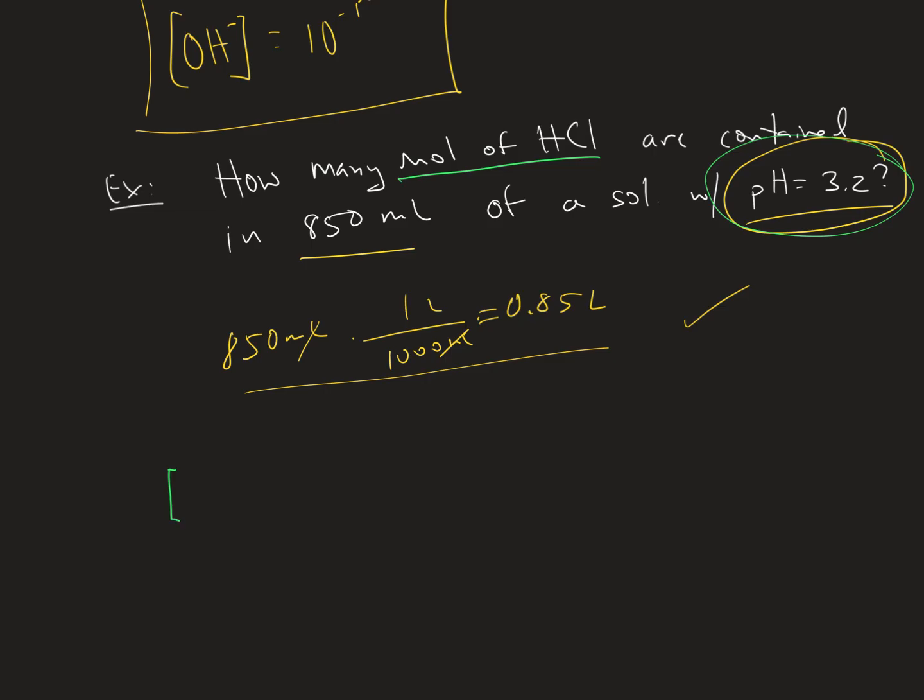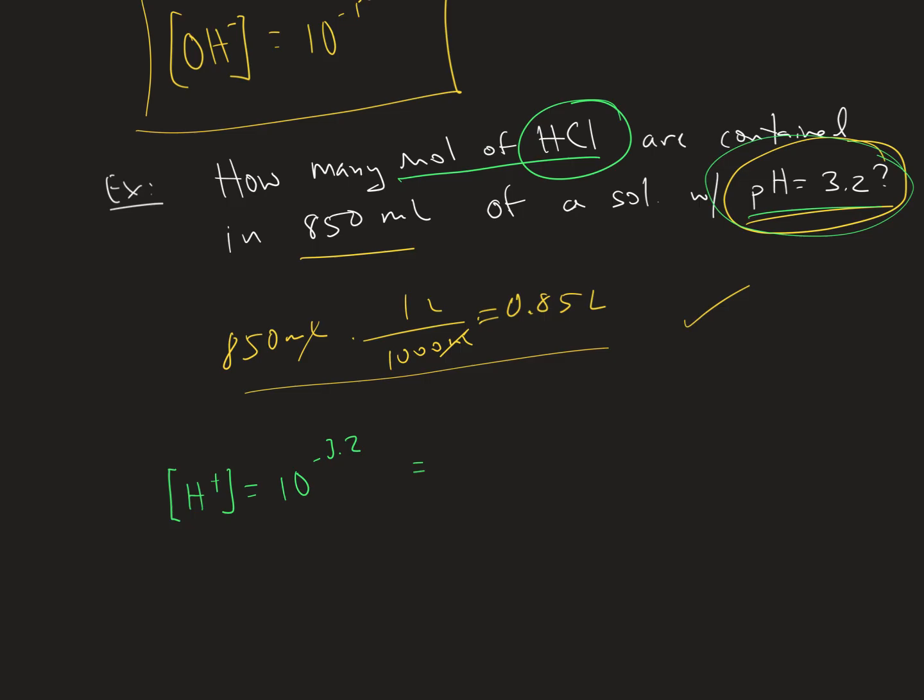We're dealing with an acid, so it's okay to stick with acid, right? We're not dealing with a base. We're not dealing with hydroxide. So hydrogen ion concentration is equal to 10 to the negative pH, which is negative 3.2. You with me? And that gives us a concentration of, no, that's not right.